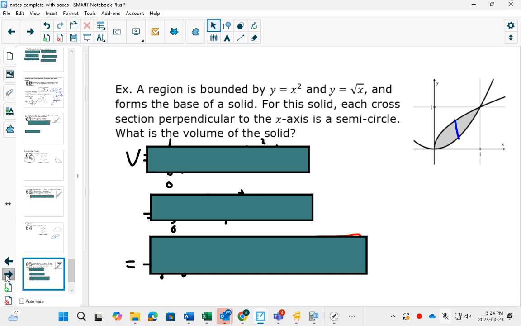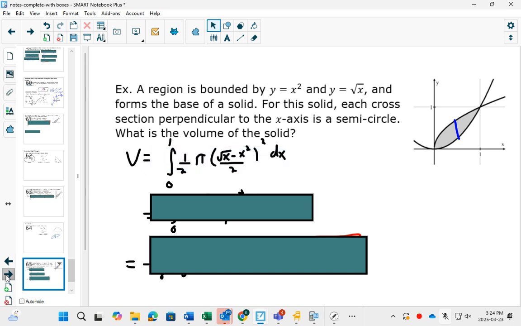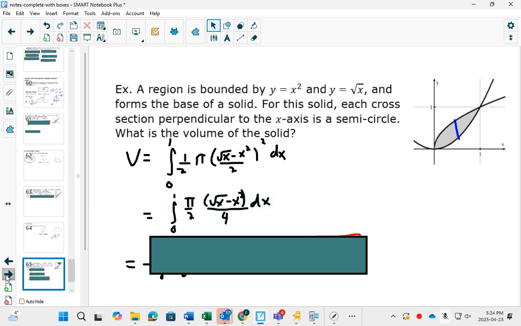And so our volume, with it being a semicircle, is 1/2 pi r squared, and the radius would be the top one minus the bottom one, cut in half, all squared. You could square it out if you wanted to, but no, I didn't actually. I'm missing a square here. Still would have a square there on the top. I just squared the bottom.